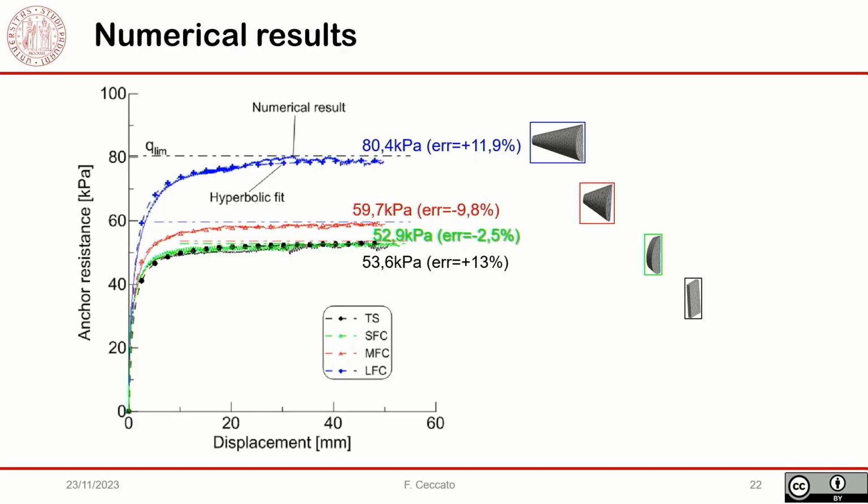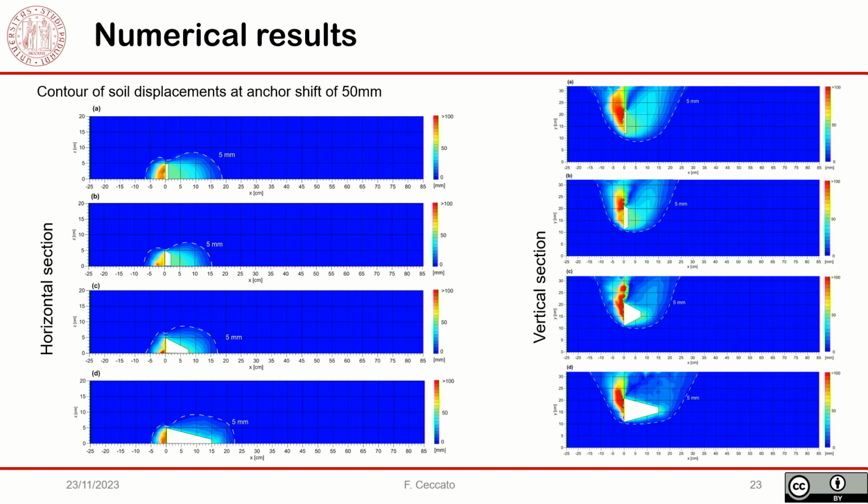This experiment was on dry sand, so we didn't have coupling with water. And we were able to get a relatively good agreement between the ultimate capacity of the anchor from the numerical model and the experiment.